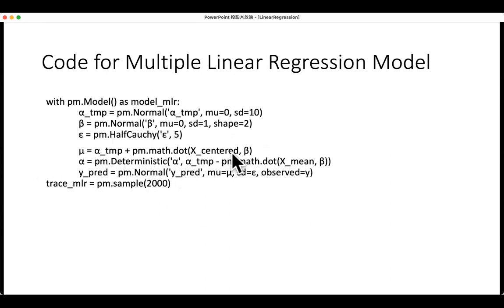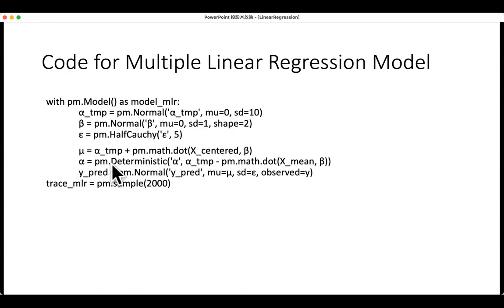That's why you can see that alpha and beta, their means are all at 0. The mu are all at 0 because we already centered the X. But then this is alpha temp, so you have to add that value back.